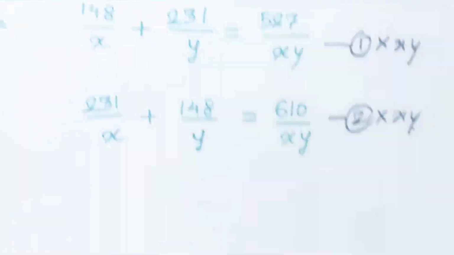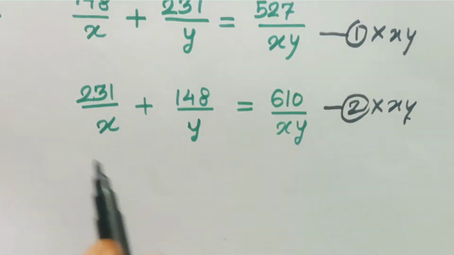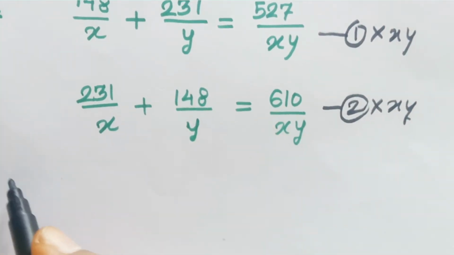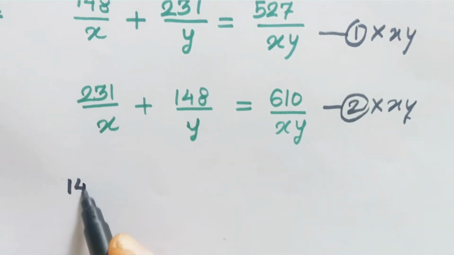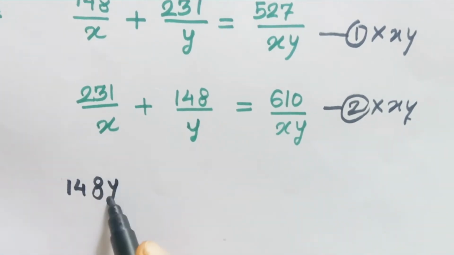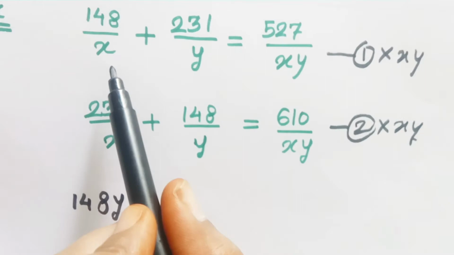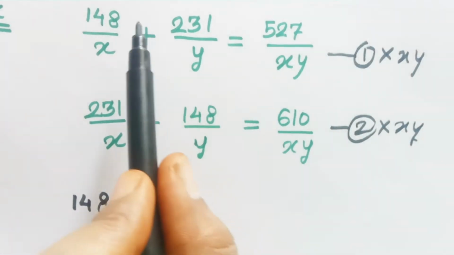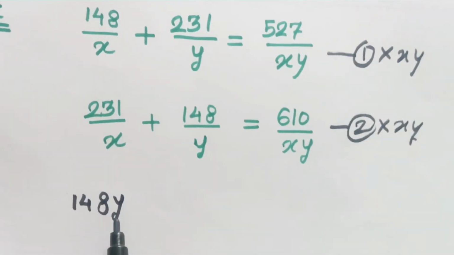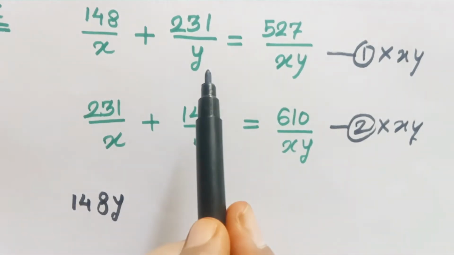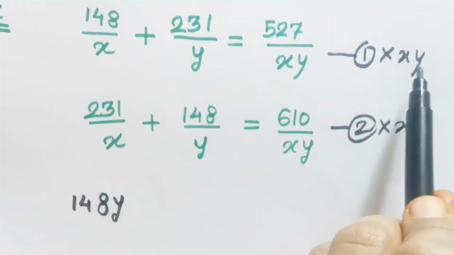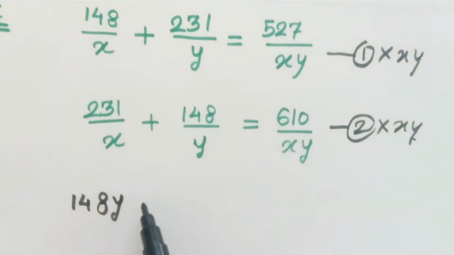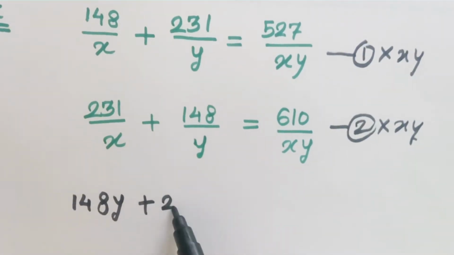In this way we multiply xy throughout the equation, then we get a new equation. So here 148 into y, because in the division here it is x and we multiply xy, so x cancels and we get remaining y. Similarly corresponding to the second, y gets cancelled and remaining is x, so here plus 231 into x equals to 527.